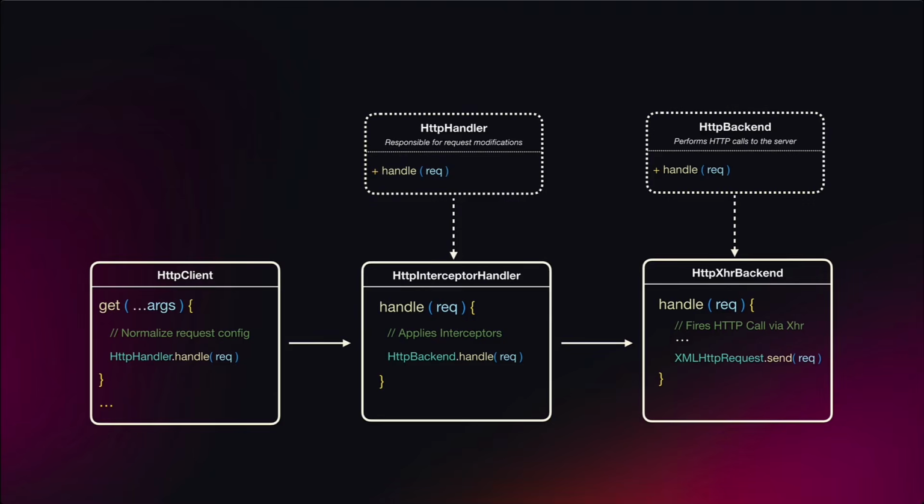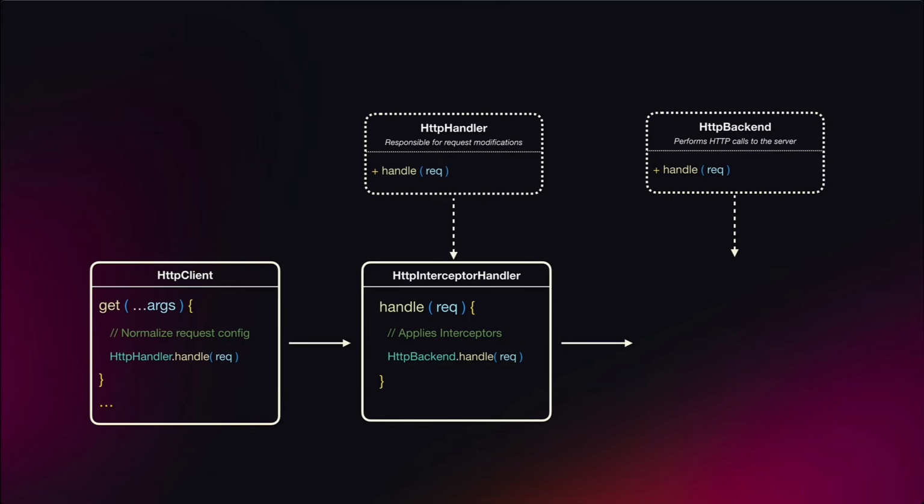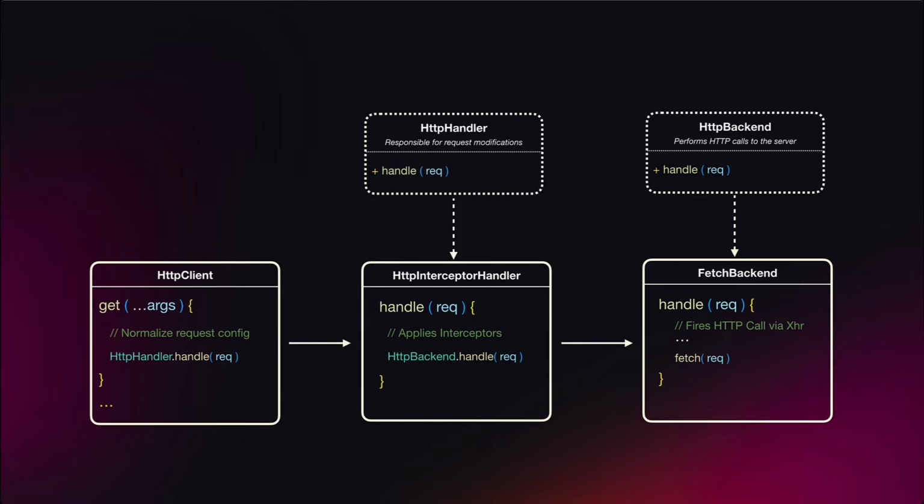But there is also a fetch backend implementation that uses fetch function under the hood to perform HTTP calls, and there are some other implementations that can work with other type of requests like JSONP. Which exactly implementation will eventually be picked depends on your configuration that you provide for the provide HTTP client function.